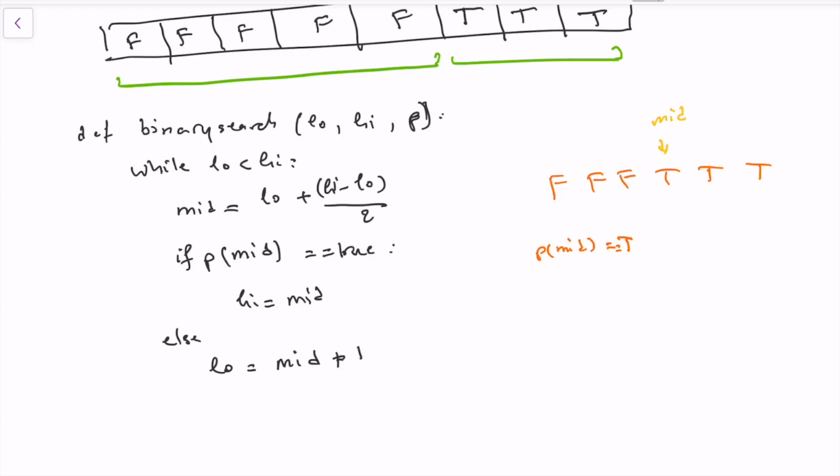Then in that case, the answer we are looking for is the first true result, right? Which means the first time we get P of X equal to true, right? And so if the value is true, either it's actually the first, so we need to include the middle, or we are in a configuration like this where we have false, false, false maybe, and then true, true, true, true, like this. And the middle we found, maybe it was this middle here, right?